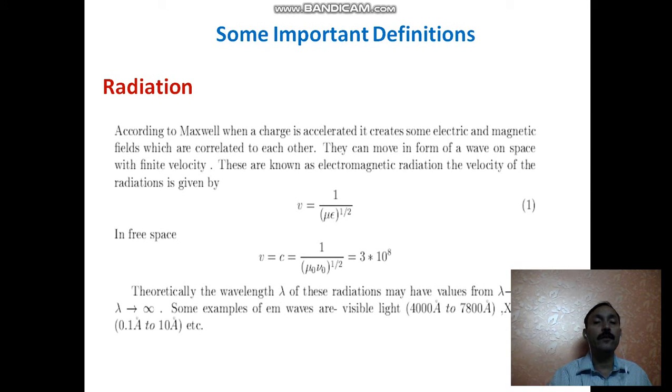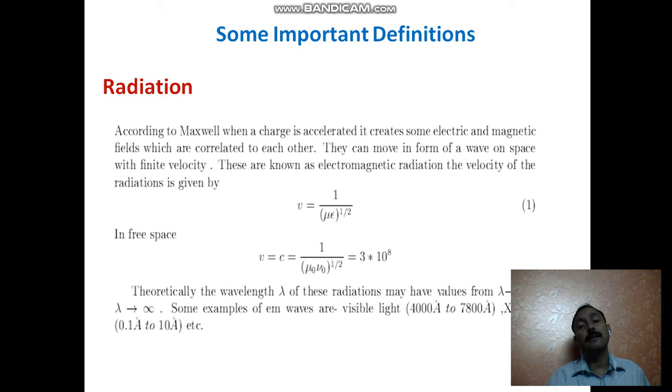Some important definitions. First, radiation. According to Maxwell, when a charge is accelerated, it creates electric and magnetic fields which are correlated to each other. They can move in the form of a wave in space with finite velocity.